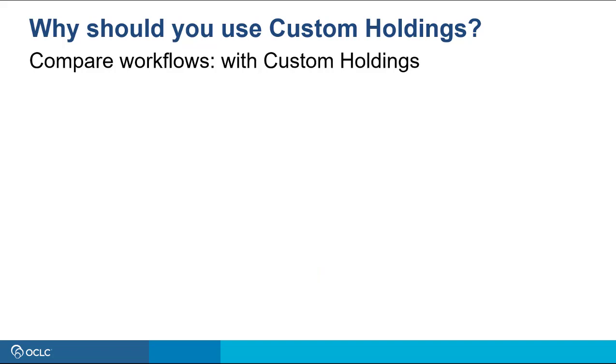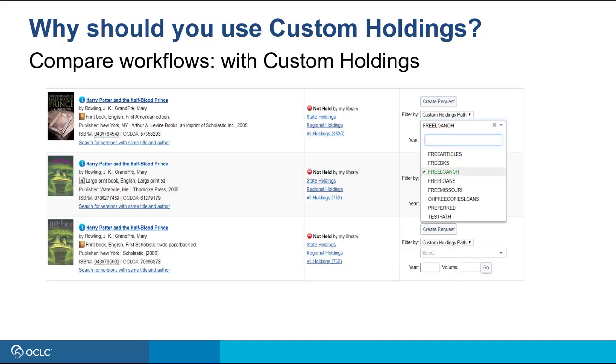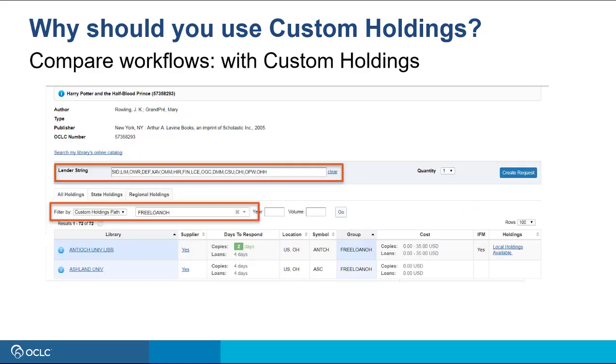On the other hand, if you have set up your customer holdings groups, you can search for your item, and on your search result page next to the listed items, you'll find the option to filter by your customer holdings path, and after selecting it and clicking the Go button, the system will automatically fill out the lender string with the symbols of the libraries listed on your selected customer holdings path.